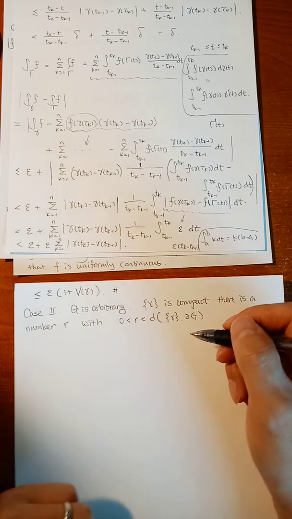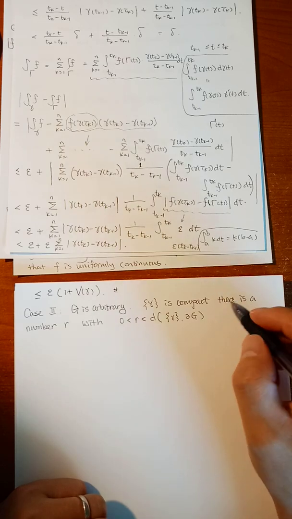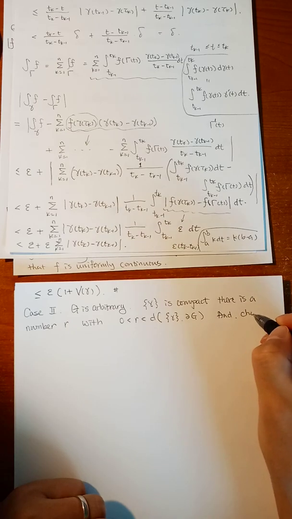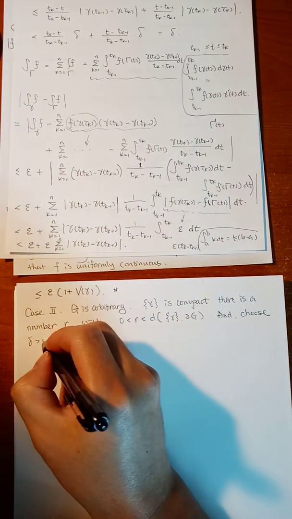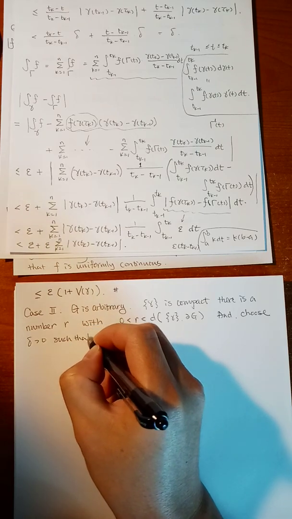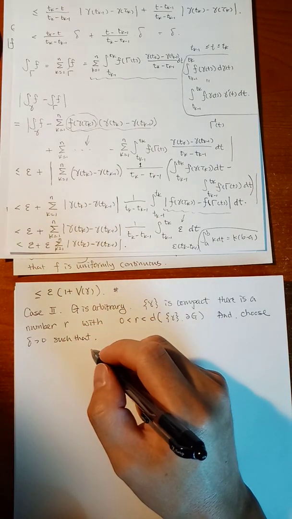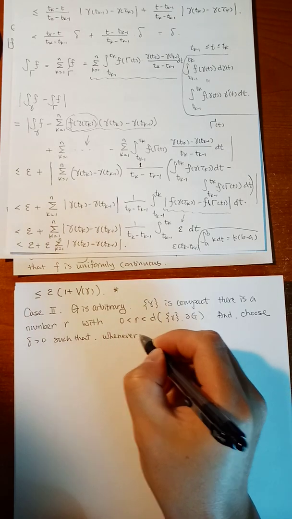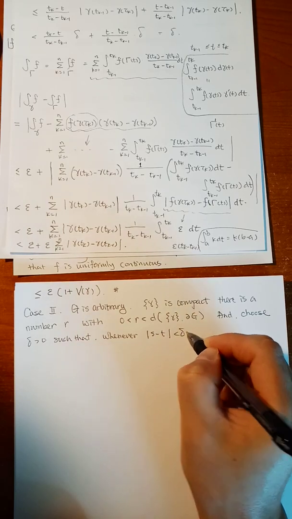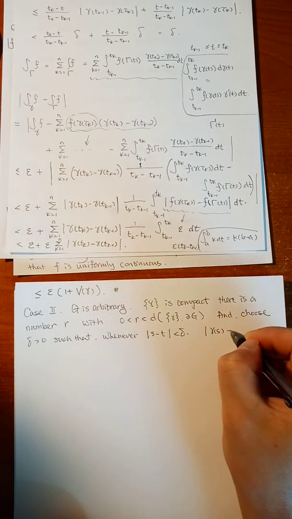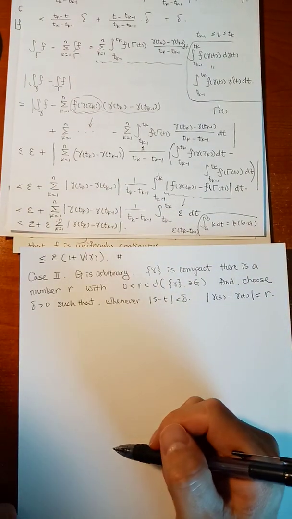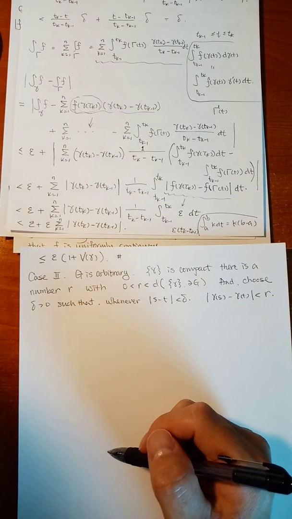And choose a delta greater than 0 such that whenever the absolute value of S minus T is less than delta, the absolute value of gamma S minus gamma T is less than R. This is uniform continuity of gamma.